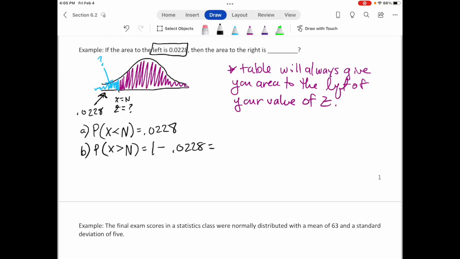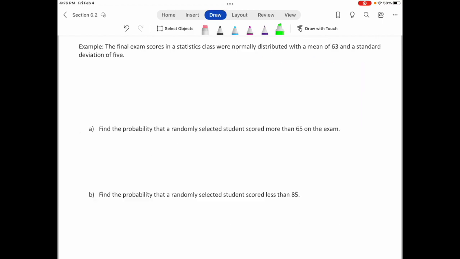If I subtract off the area to the left, that will give me the area to the right. So that would give us 0.9772. So I would know that this area in purple is 0.9772.